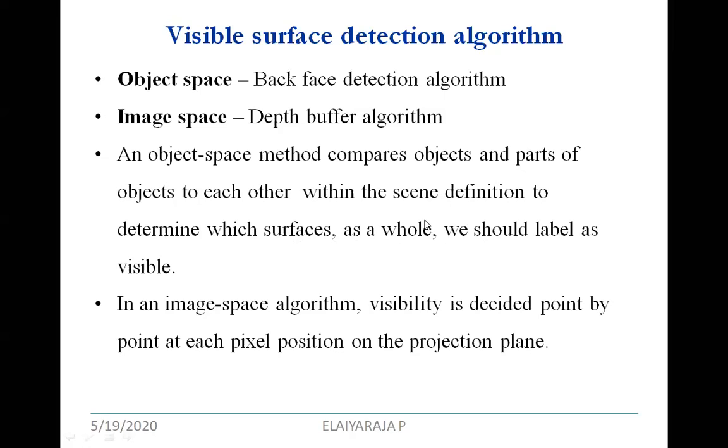The second one is the image space algorithm, where visibility is decided point by point at each pixel position on the projection plane. How will it be viewed?